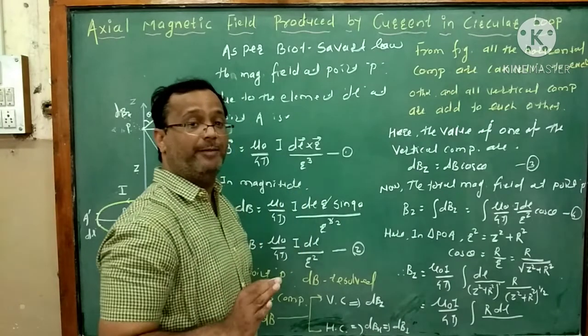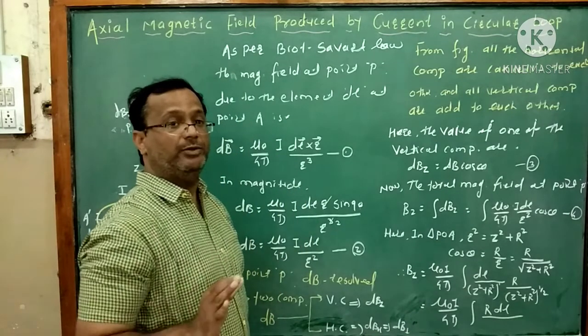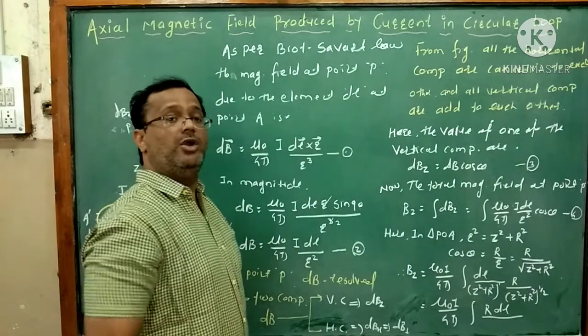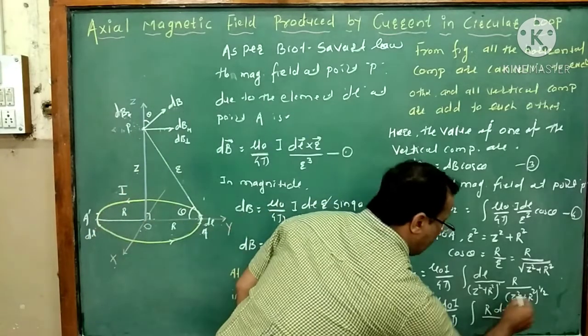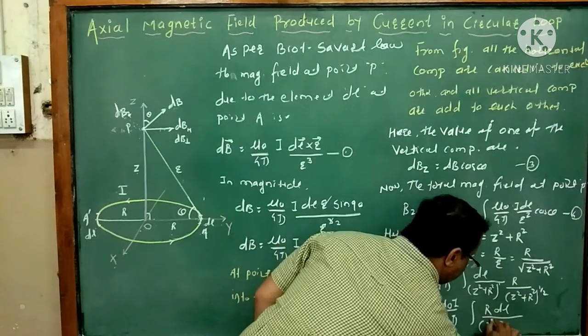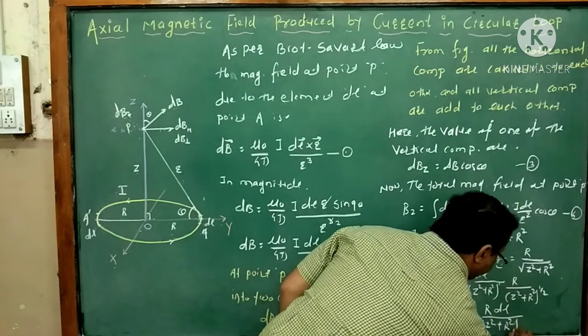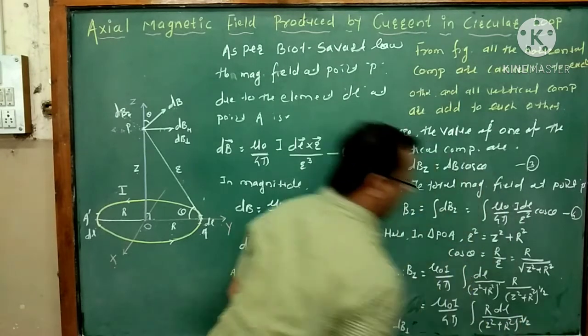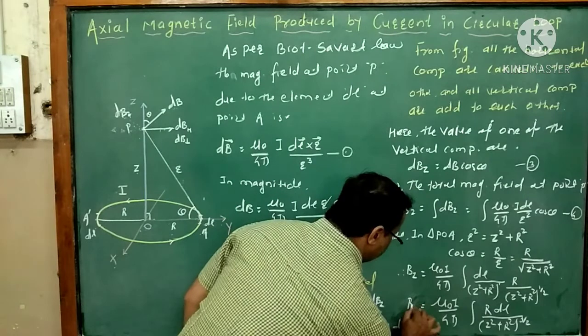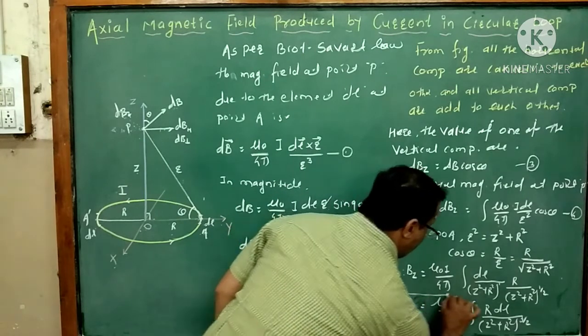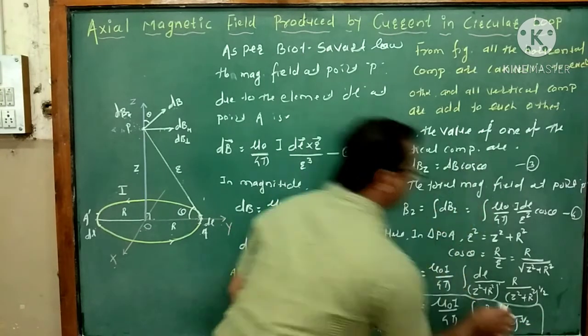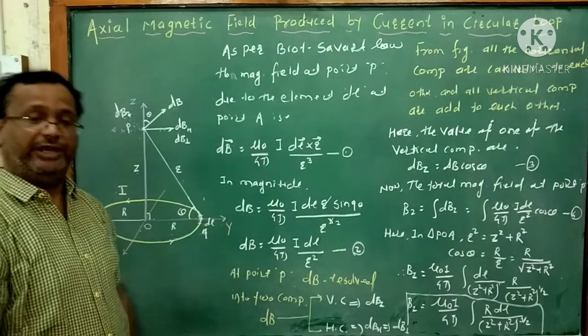So 1 plus half is simply 3 by 2. Here we use the law of indices. As per the law of indices, Z square plus r square raised to the 3 by 2, right? Now this will be the Bz. Now this is about the first part of this equation.